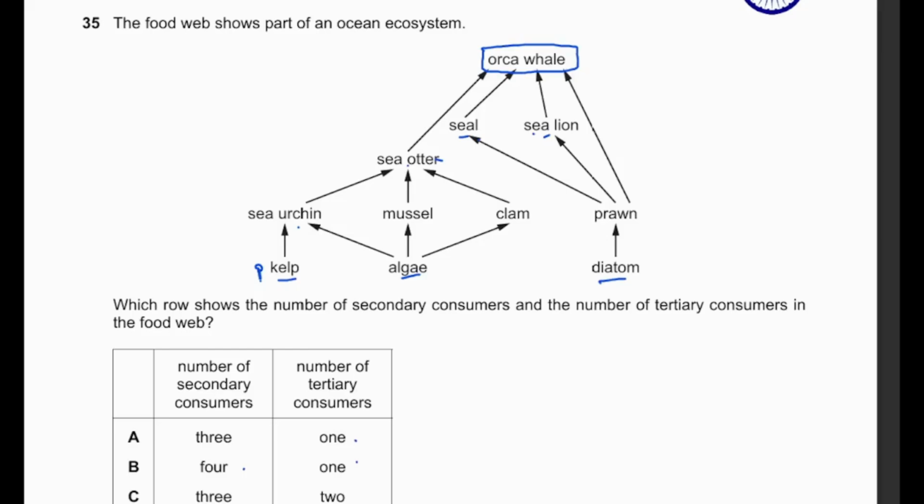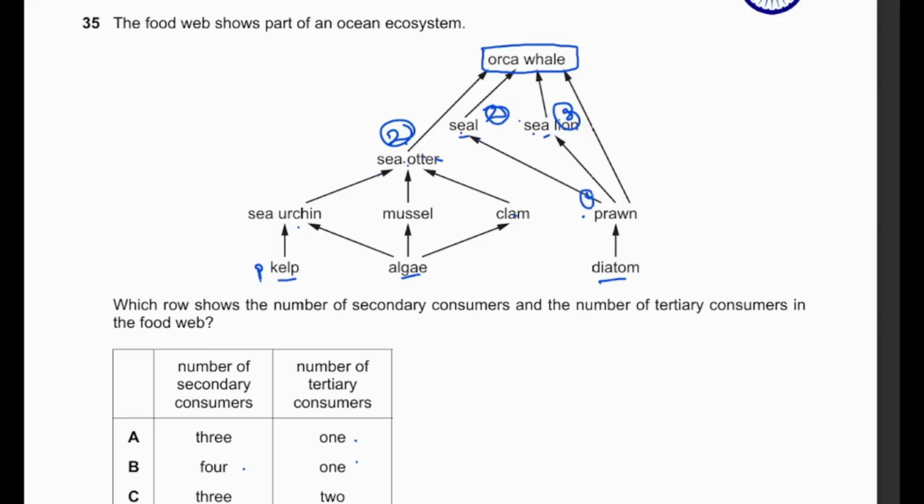And secondary, the primary consumer, this is the primary consumer, directly involved. Diatoms. This is a secondary consumer because directly here sea urchin to this, seal is there, sea lion is there, and prawn is there.